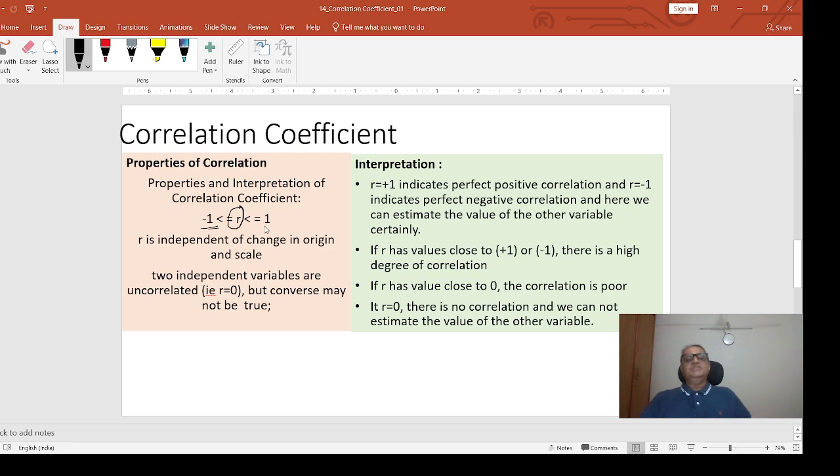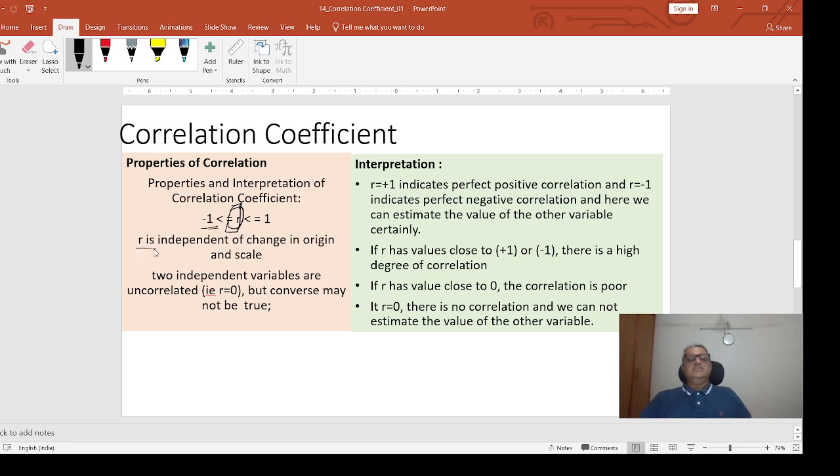I have seen many a time students making a mistake calculating correlation coefficient, and their final answer comes more than one, or probably less than -1. But the moment you arrive at that situation, you should immediately understand that you have made some mistake in calculation, because R is always between -1 and +1, right?